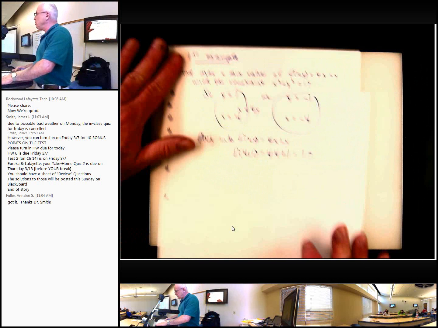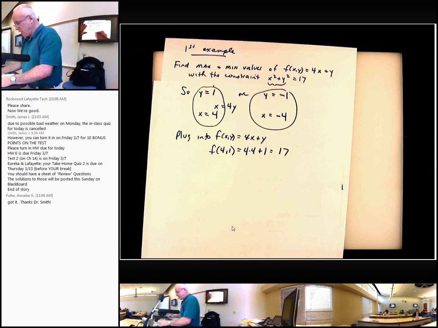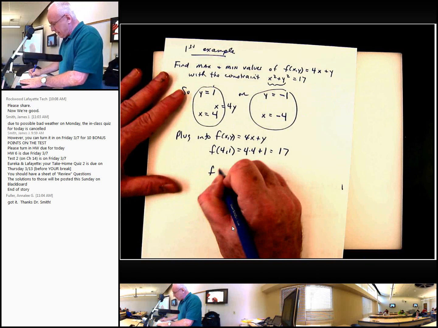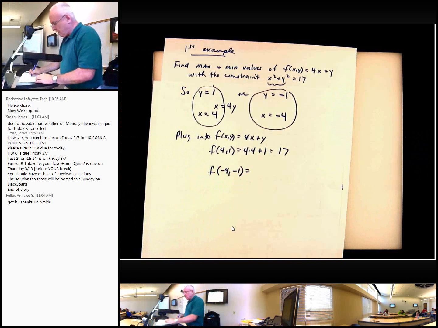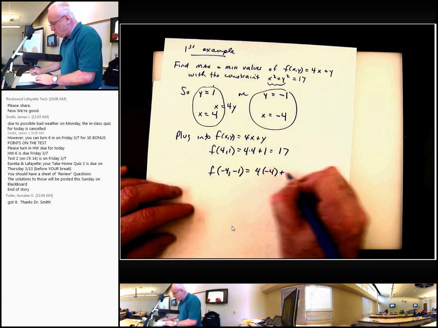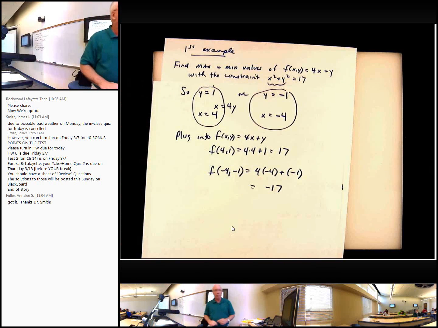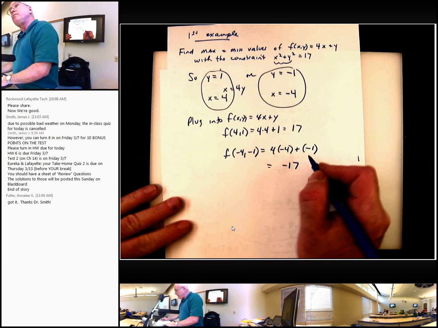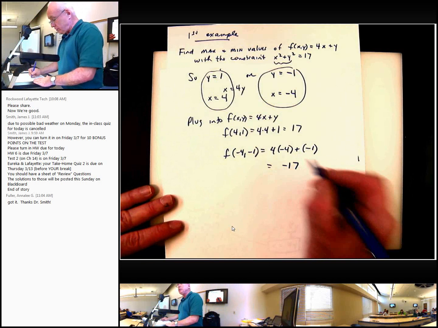17 seems to be showing up more than one time in this process, doesn't it? And then let's do the second one. Now x is minus 4, y is minus 1. So we have 4 times minus 4 plus negative 1, and we get a negative 17. So we can conclude that our maximum value of this function is 17, given the constraint.